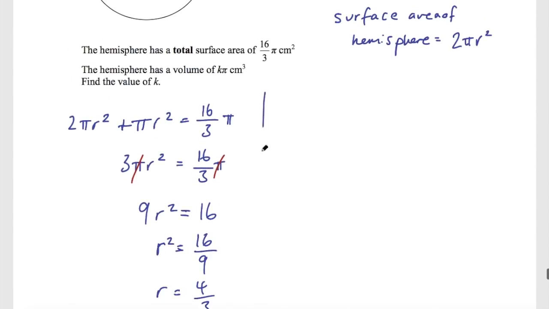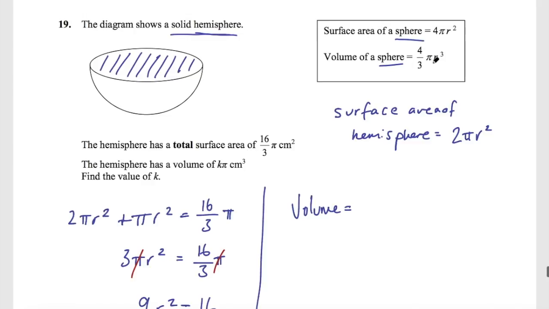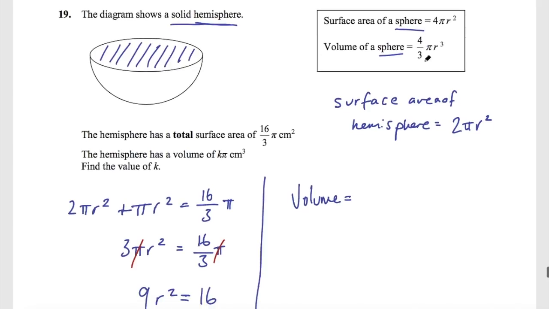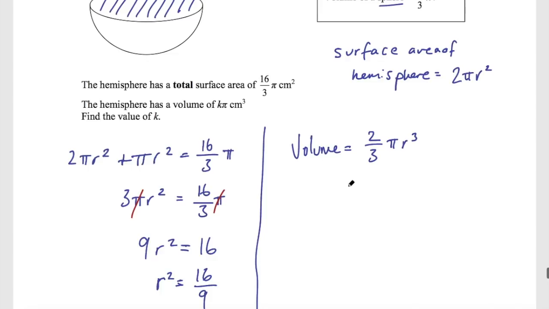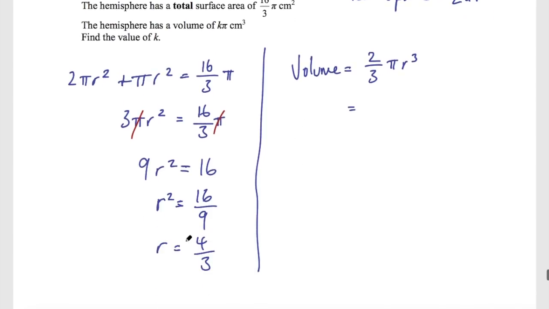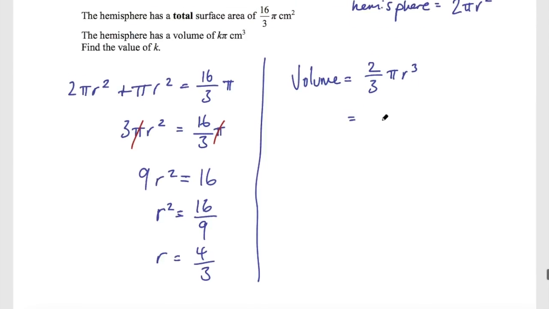I can work out the volume. So the volume of a sphere is 4 on 3 pi r cubed. If I divide that by 2 to get half of it for a hemisphere, that will be 2 on 3 pi r cubed. So the volume is 2 on 3 pi r cubed. And we can now plug the radius in, which we found from this working out here, into this formula.